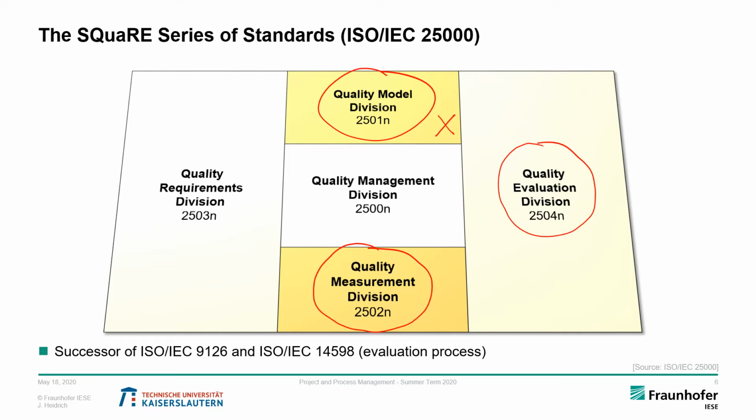The reason for that is that the quality measurement division defines some metrics and measures that you could potentially collect, but in practice, as experience has taught us, it's very difficult to really implement the proposed metrics. The reason is that they are often quite abstract.